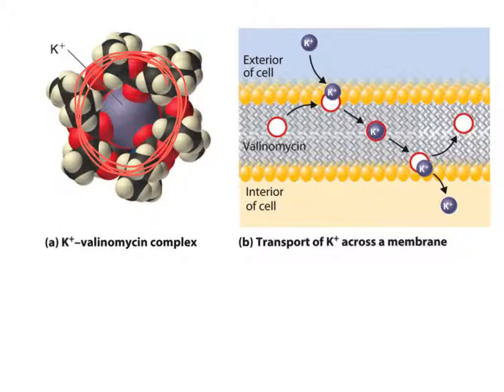Valinomycin is the ionophore complex, so that's going to mimic the hydrated potassium ion, giving it that favorable energy that's going to allow it to transport potassium across the cell membrane. And again, remember that these are going to go in whichever direction is preferred by the electrochemical gradient.